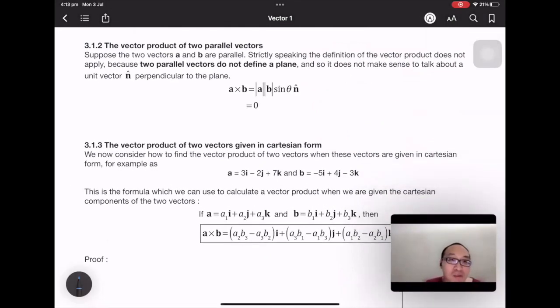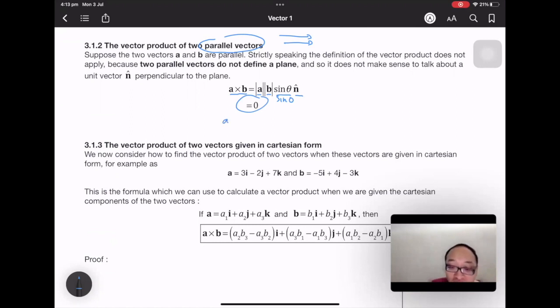What happens if the two vectors are parallel? According to the definition, A cross B is magnitude A, magnitude B, sine theta times the normal vector. Parallel vectors have an angle of 0 degrees. So sine 0 is 0.